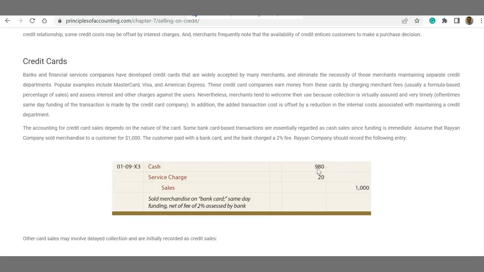It was just debit cash $1,000, credit sales $1,000. Then at the end of the month, let's say this was the only transaction I did, I see a debit memo in my bank account, which is a deduction from the bank for the merchant service fee of $20. For that, I record a journal entry: I debit $20 for service charge and credit cash $20 because of that debit memo in my bank statement.